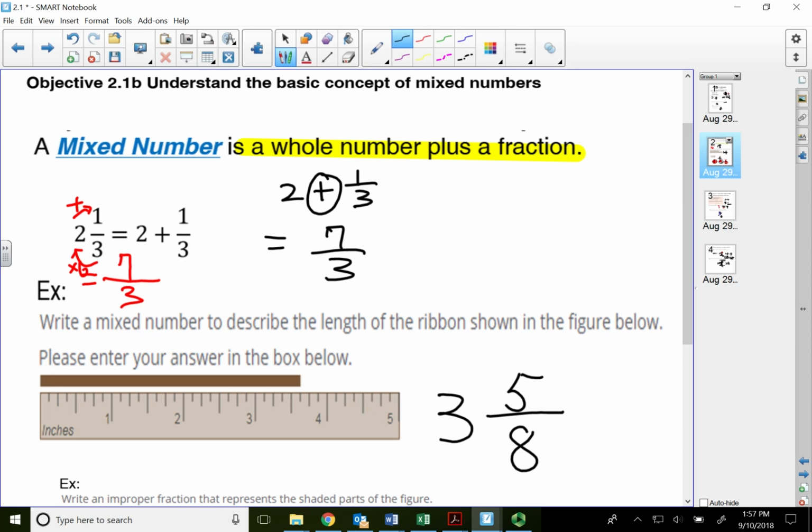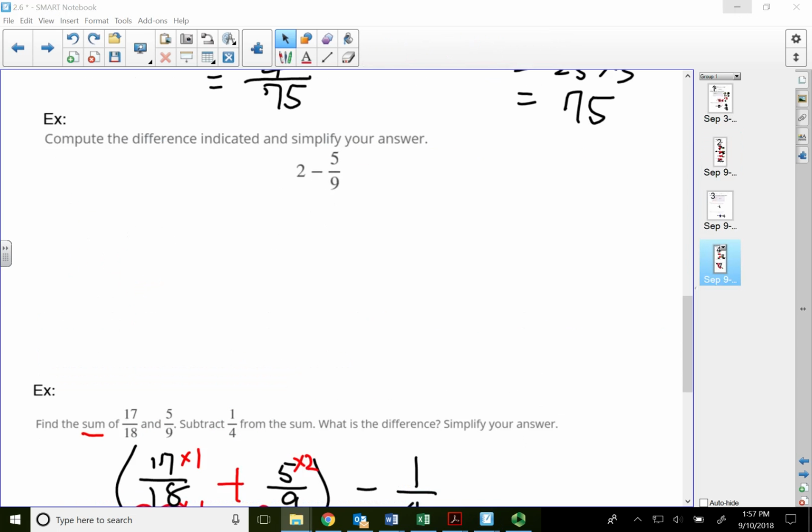All right. So this is a little bit different. I'm going to show you how to do this problem using the concept of mixed numbers first. Then I will show you the old-fashioned way, what you may have seen before. So whenever you're combining a whole number with a fraction, use that same trick as if you were converting to an improper fraction.